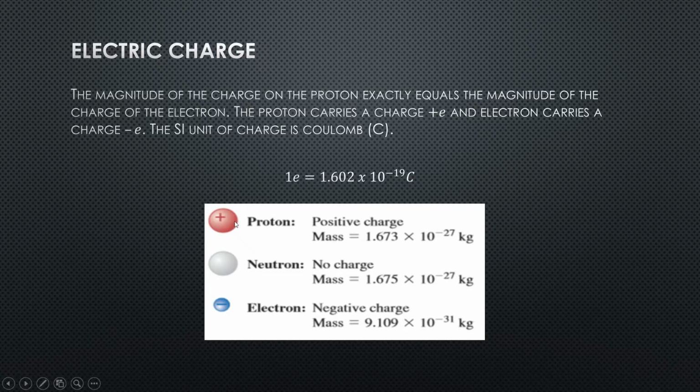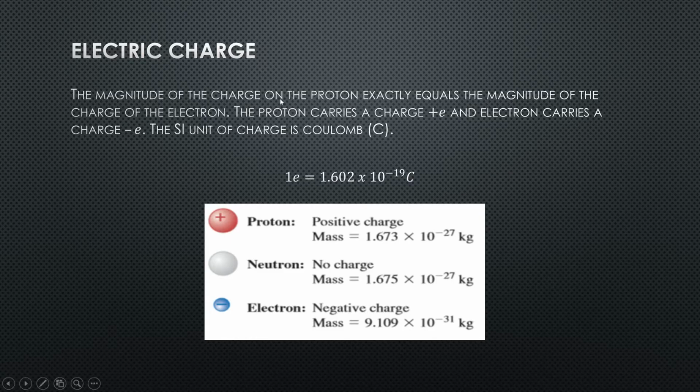So a proton has positive charge, a neutron has no net electric charge, and an electron has a negative charge. The magnitude of the charge on the proton exactly equals the magnitude of the charge on the electron. The proton carries a positive charge, and the electron carries a negative charge.